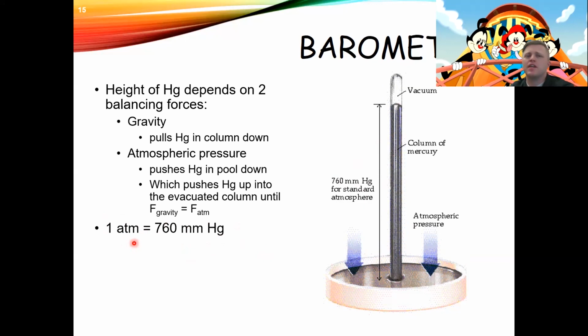So an atmosphere is another metric for measuring the pressure, and 1 atmosphere is just equal to the pressure of our atmosphere at sea level. So if you take one of these down to sea level, the mercury generally rises about 760 millimeters. All right, so this is the barometer.